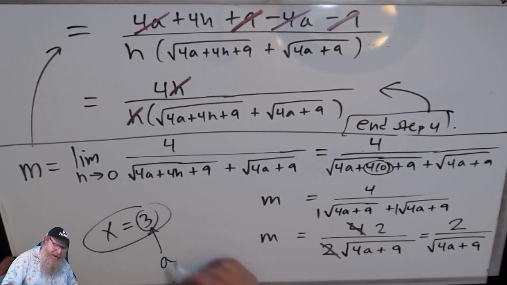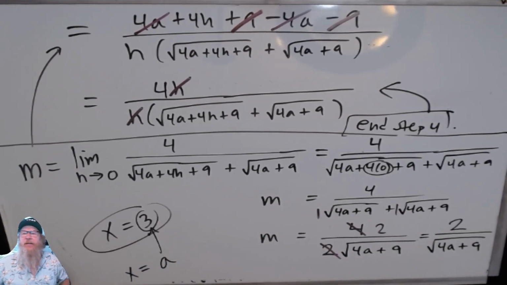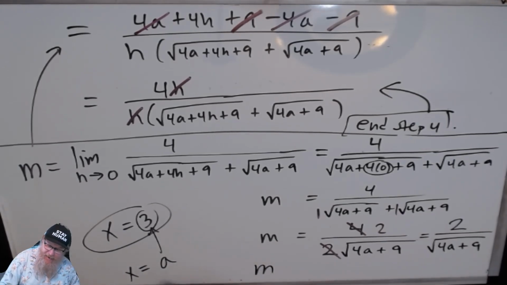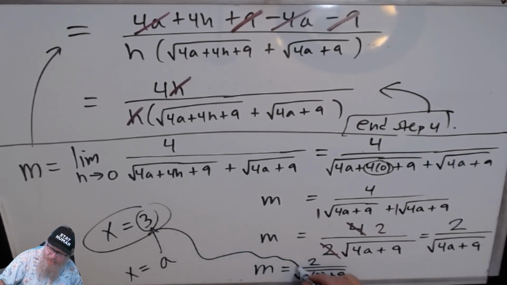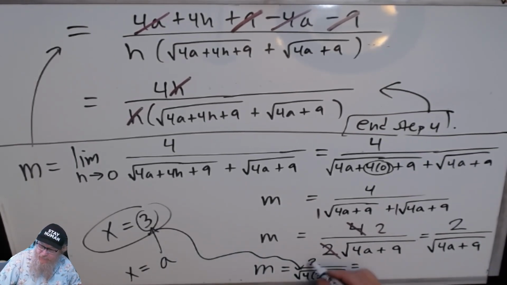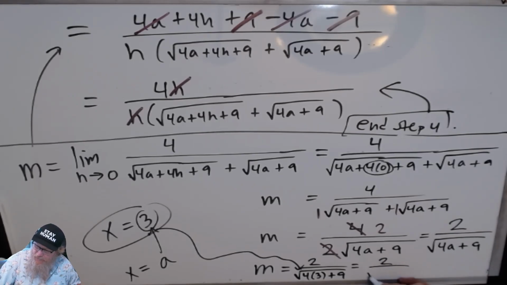So there's my A. It's always x equals A. So A is 3. So my actual slope is 2 over the square root of 4 times 3 plus 9, which is 2 over the square root of 21.